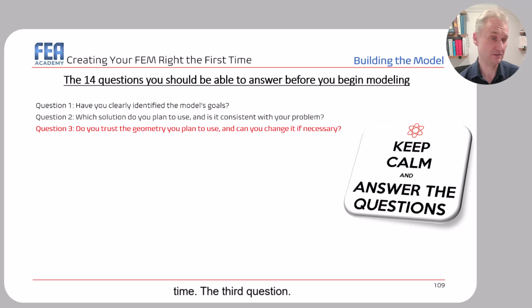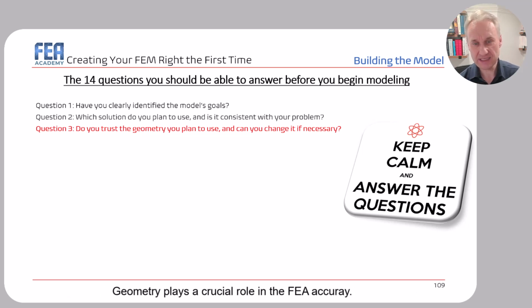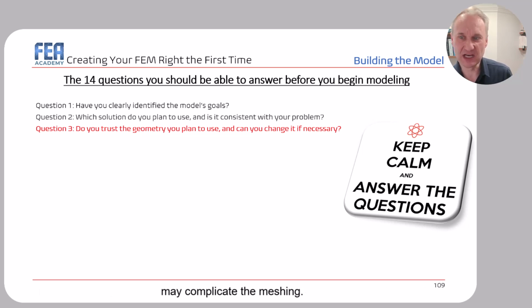The third question: do you trust the geometry you plan to use and can you change it if necessary? Geometry plays a crucial role in the FEA accuracy. Before meshing, verify if the geometry is clean, without unnecessary details that may complicate the meshing.